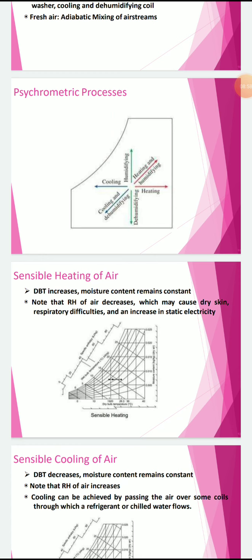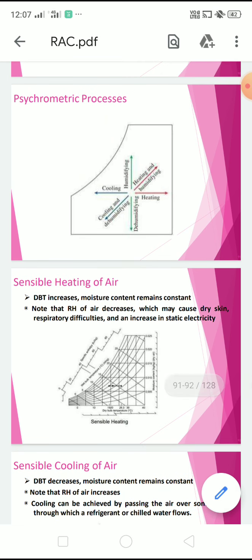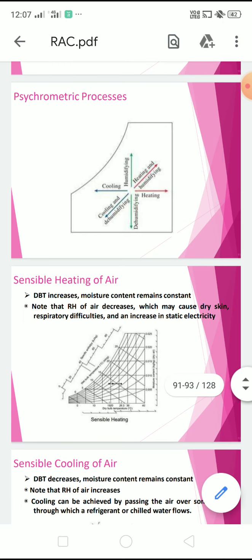Diagrammatically, the psychrometric processes are shown. We have heating and humidifying towards the red line.